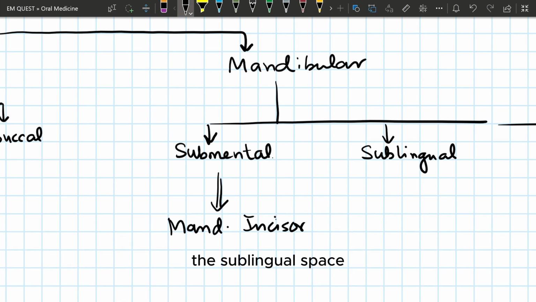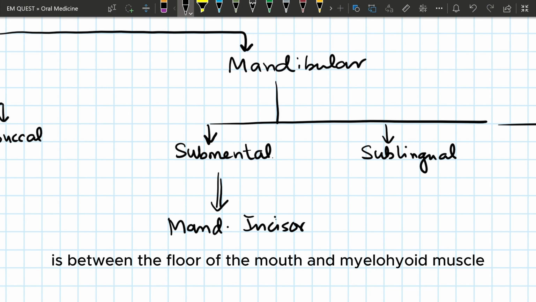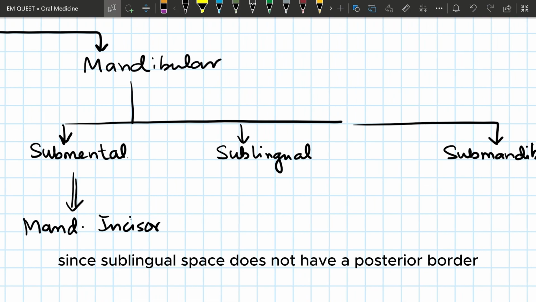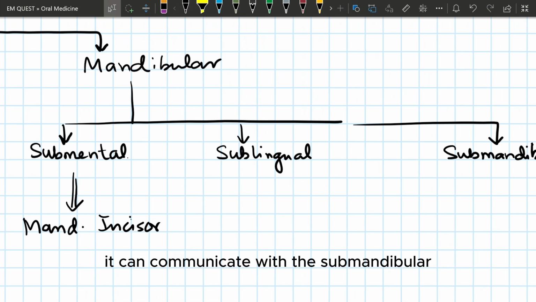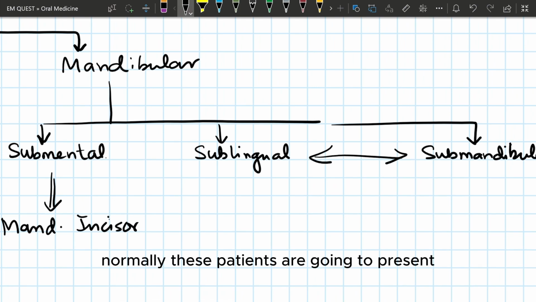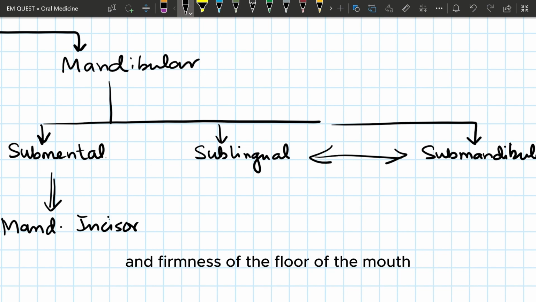The sublingual space is between the floor of the mouth and the mylohyoid muscle. Since the sublingual space does not have a posterior border, it can communicate with the submandibular space. Normally, these patients present with tongue elevation and firmness at the floor of the mouth.